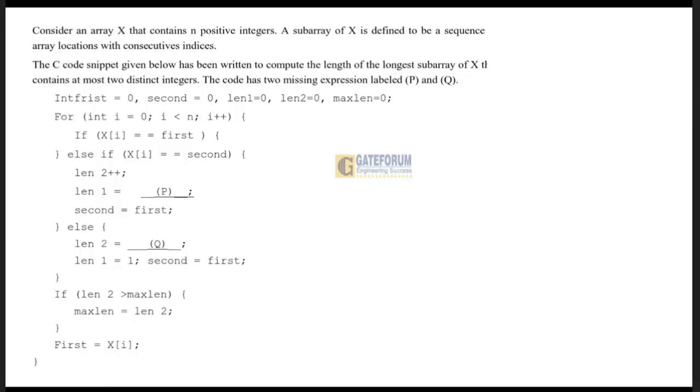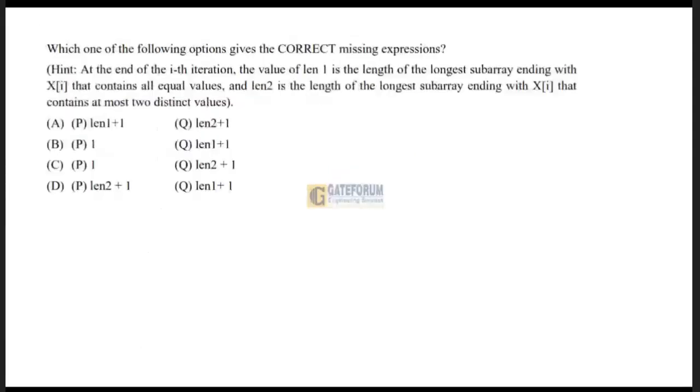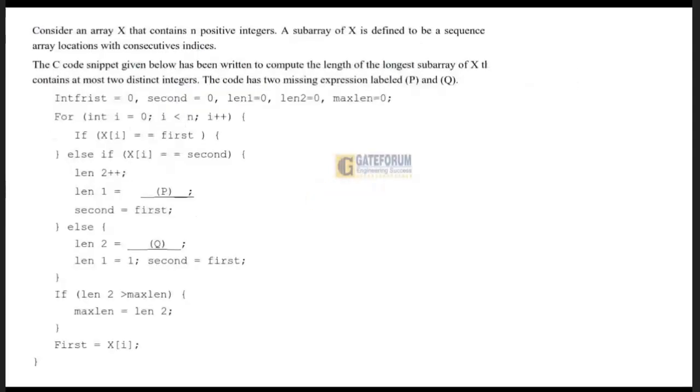This was a part of Programming in C and Data Structures, and the question is like this. So I am reading from the starting. It was asked for 2 marks. Consider an array X that contains n positive integers.